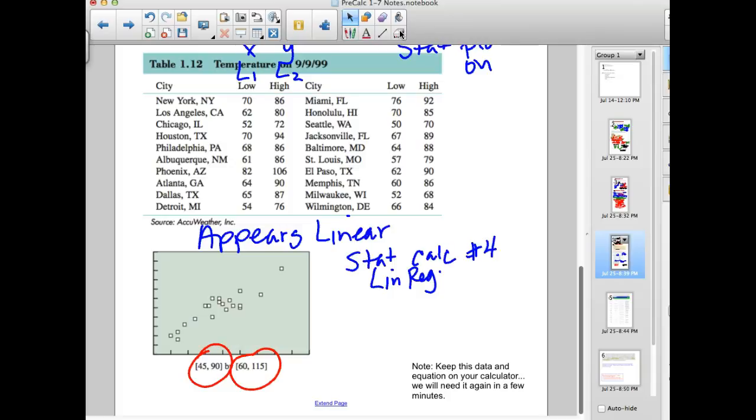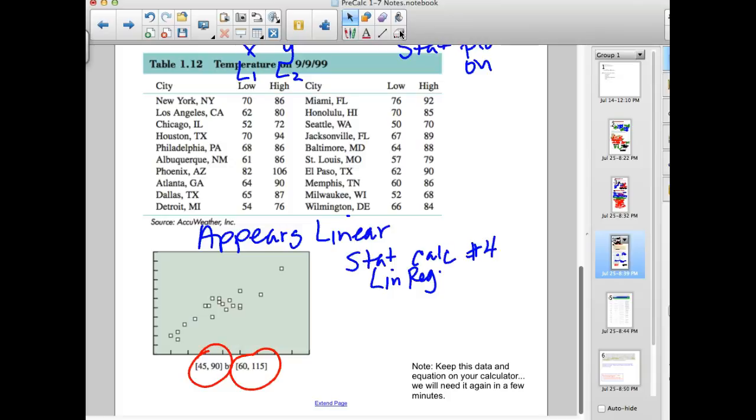Okay, and then go to where it says store equation and type in variables. Go over to y variables and then choose function and y1.